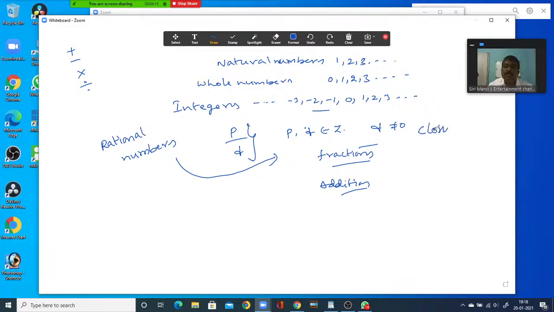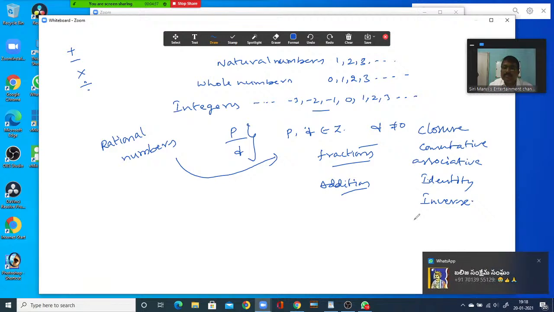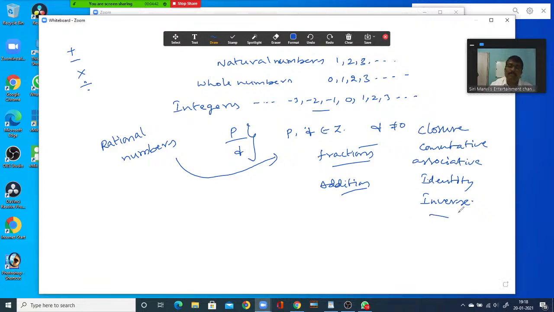Closure property, commutative property, associative property, identity property, inverse property, and multiplicative distributive law over addition. Those are the properties, and all of these were done in the previous classes.